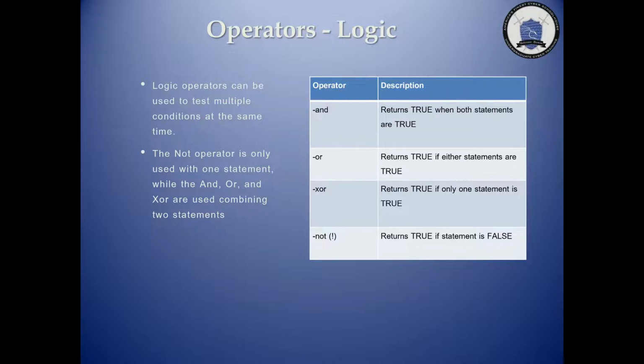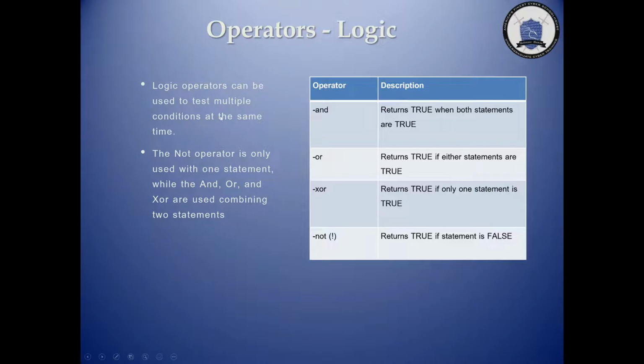So for example, if you're doing an AND logical operator, you're comparing a conditional statement on the left-hand side and a conditional statement on the right-hand side. All right, so usually with logical operators, you're comparing a statement on the left and a statement on the right.